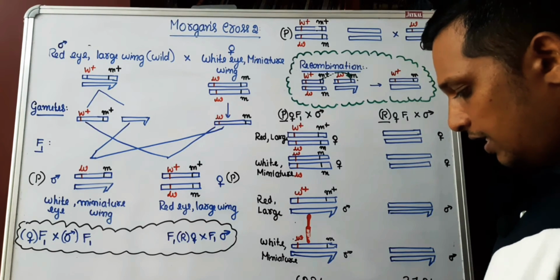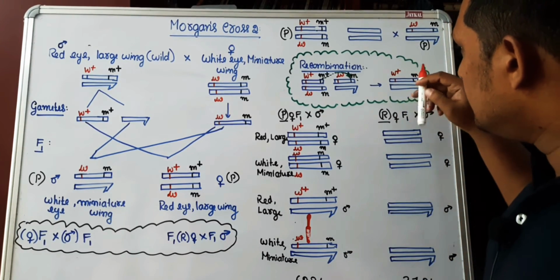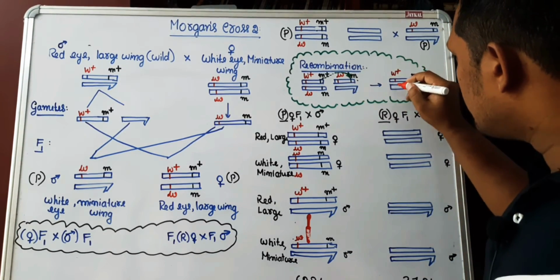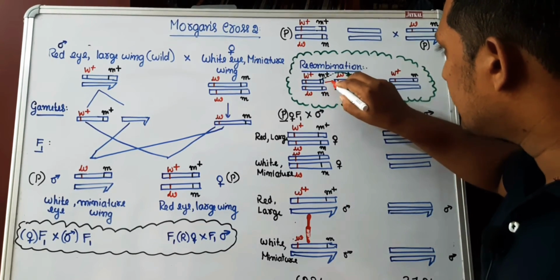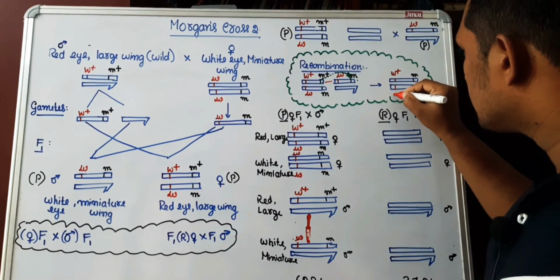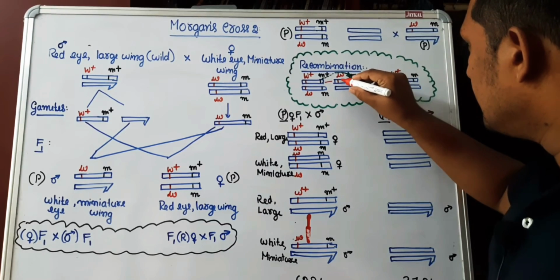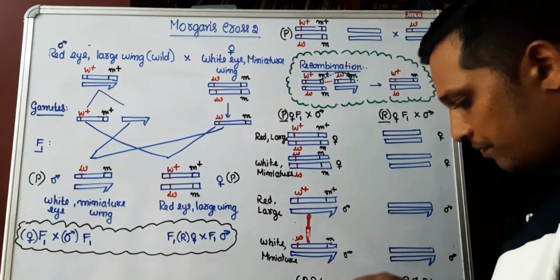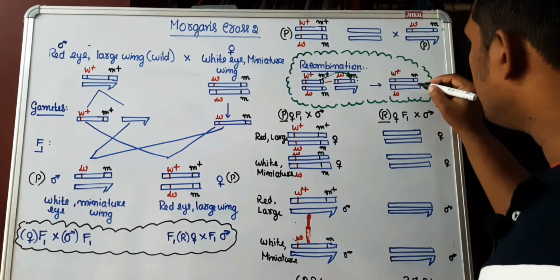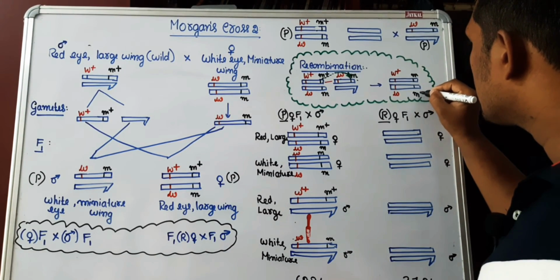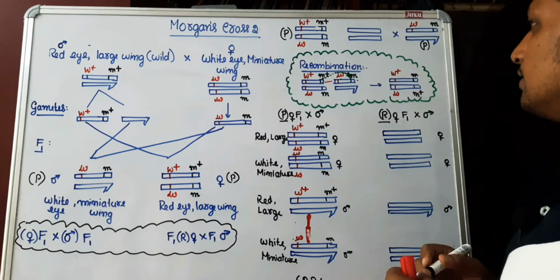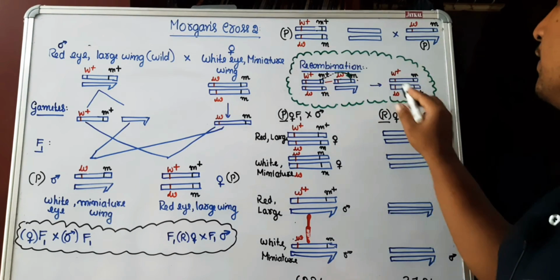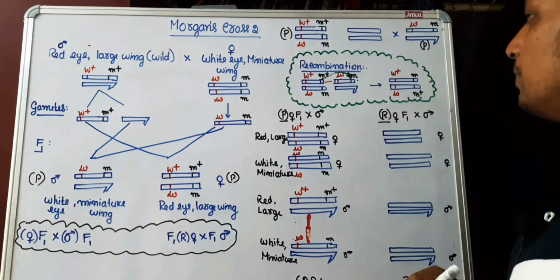Whereas on the other, these two will form gametes: small w present in the X of male. Instead of small m, now capital M plus will come there. This is a recombinant. Look at the female. The female did not have this combination.